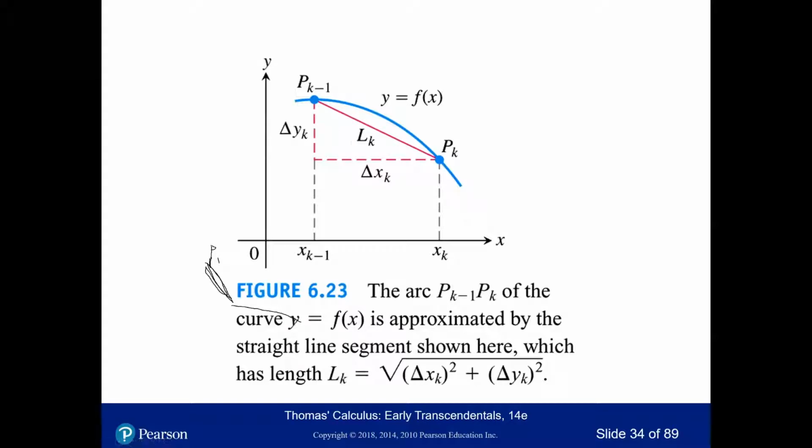Okay, so this is what we're looking at. We want to find the distance between any given 2 points on the line, and with the idea of delta y and delta x, so changing y and changing x, we can make it very small and then add all those little segments up together.